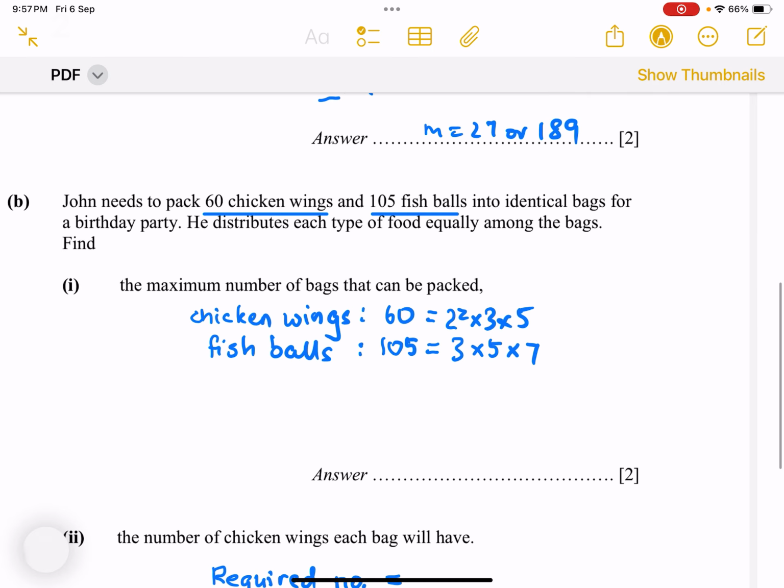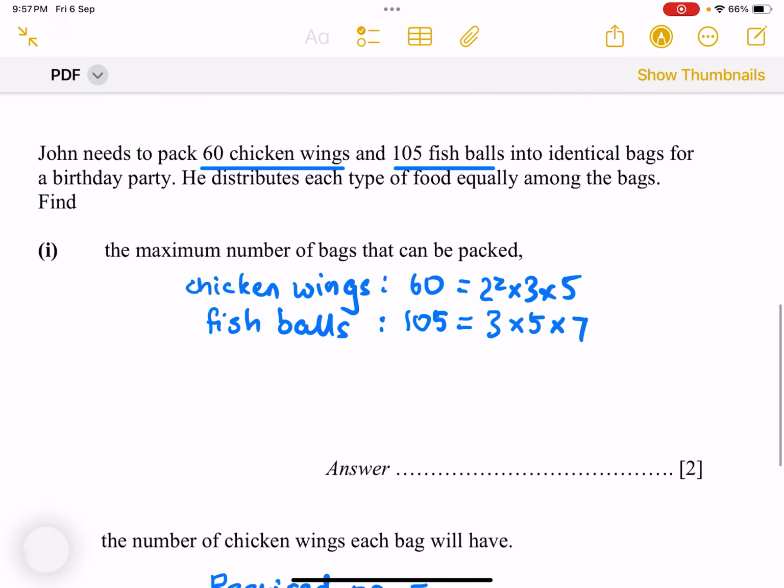Right, in the next sum, we have to pack the chicken wings and fishballs equally. This is a typical sum on HCF. So we break the numbers into their prime factors and find the HCF, which is the product of the common factors. 3 is common and 5 is common, so the HCF is 15.